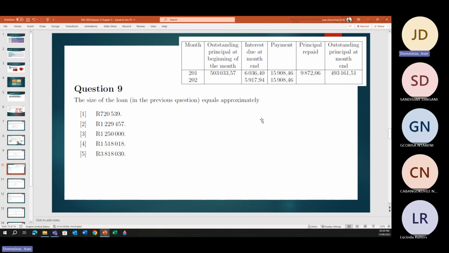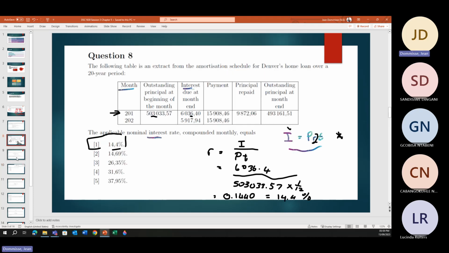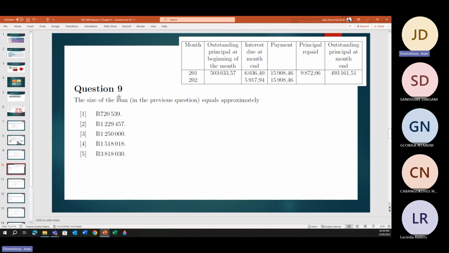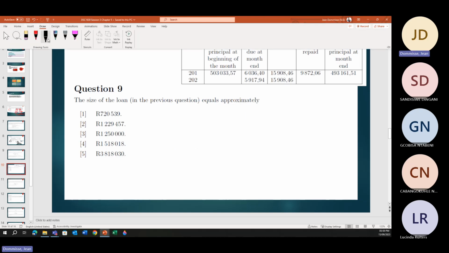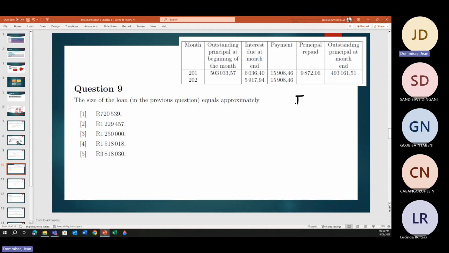Okay, so this is an interesting one. Remember, we now have the interest rate of 14.4. So let me just write that. We've got the interest rate of 14.4.